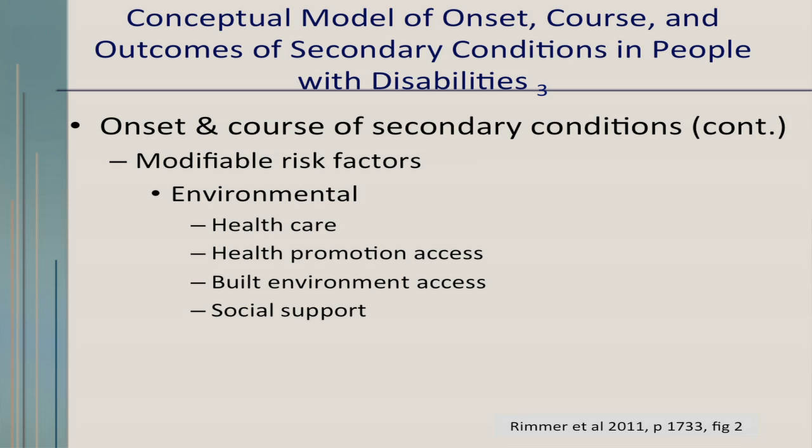There's also environmental modifiable risk factors. The first one is healthcare, and this would be having reduced levels or poor quality of healthcare. It can also be lack of transportation to the healthcare. An example of having reduced levels or poor quality or poor choice would be a woman who would like to undergo her well woman examinations.